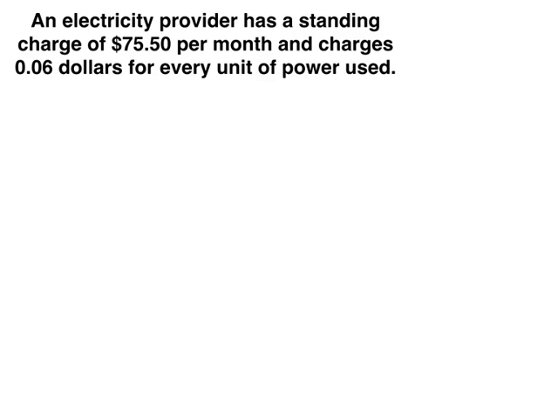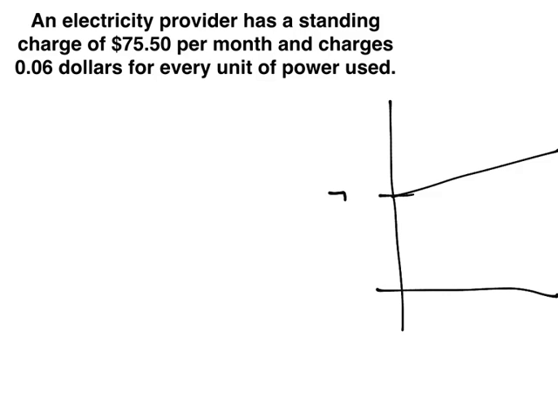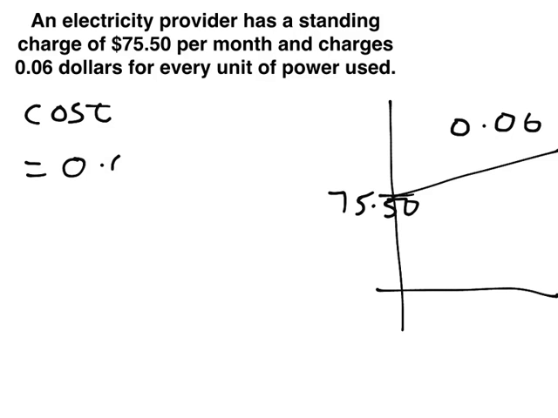So here's another one. We've got an electricity company, a power company, and the numbers are a little bit more challenging this time, but still no difference. We look at our graph again, this time we've got 75.50 as the starting point. And the gradient this time is not $6, it's $0.06, that's about 6 cents per unit. So let's remember that, that's the rate of change. So the cost is going to be 0.06 times the number of units plus $75.50.